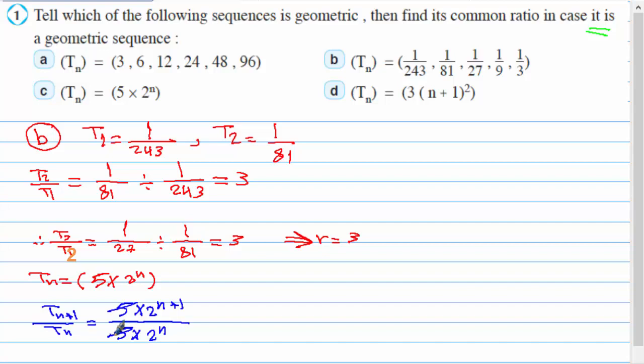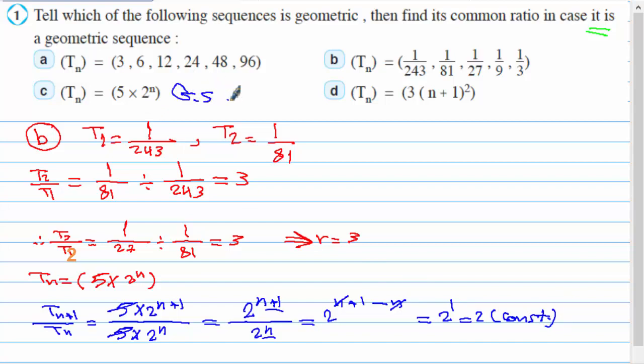Dividing up and down by 5, we get 2 power n plus 1 over 2 power n, and the result equals 2 power n plus 1 minus n. In division we subtract powers. n minus n equals 0. So the result here is 2 power 1, which equals 2, and 2 is a constant. So the sequence here is a geometric sequence, and the common ratio r equals 2.